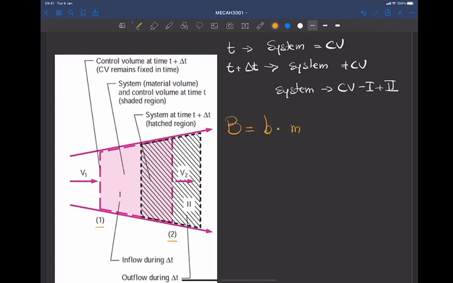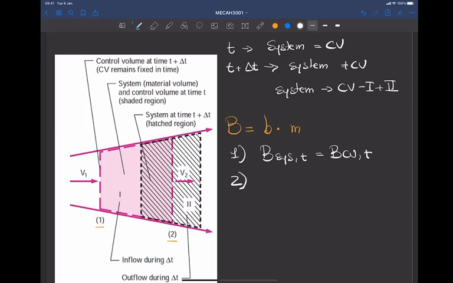At time t we have a first equation that says that the system and the control volume completely overlap, and so there is no difference between the property of the system and the control volume by definition.